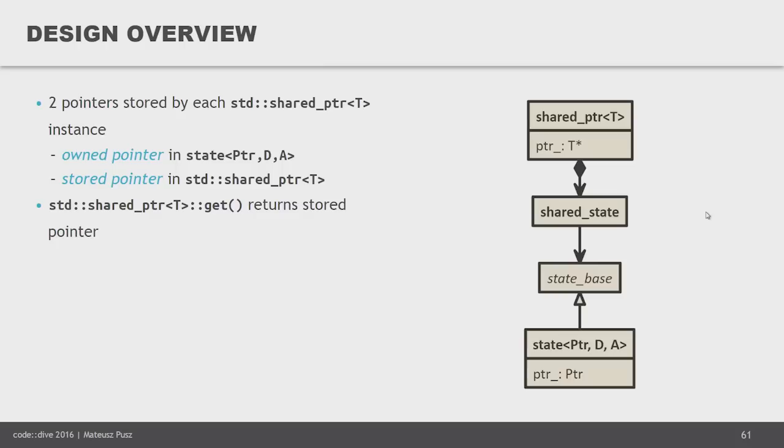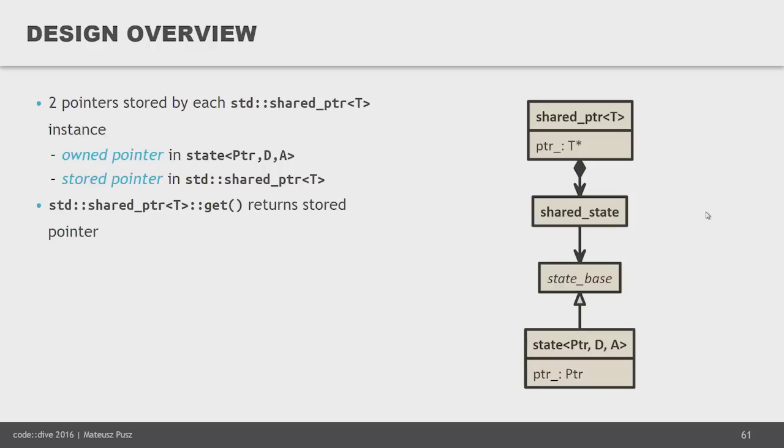So we have basically two pointers being used here. One of them is stored inside the shared pointer. Another one is owned by the shared pointer. One of them is put very high in this hierarchy, and it's provided by the get method, or the dereferencing operations.